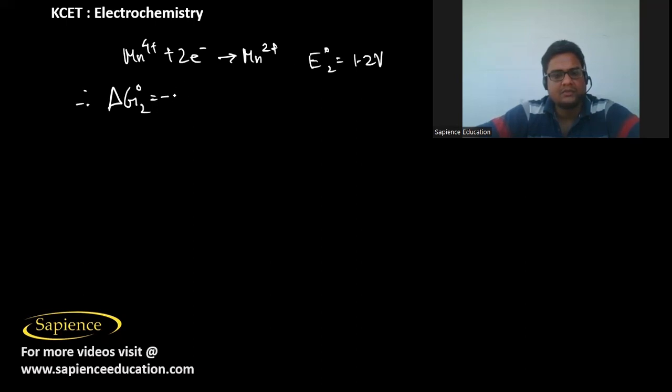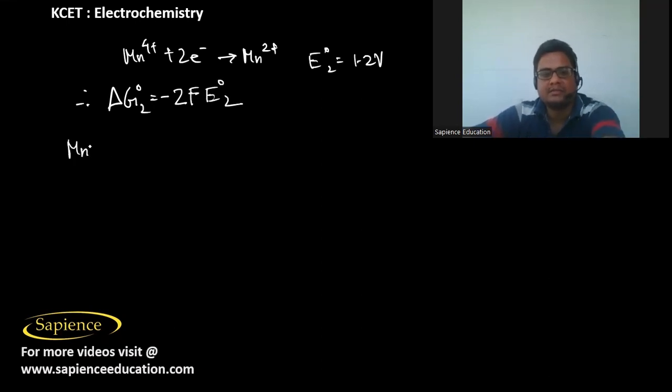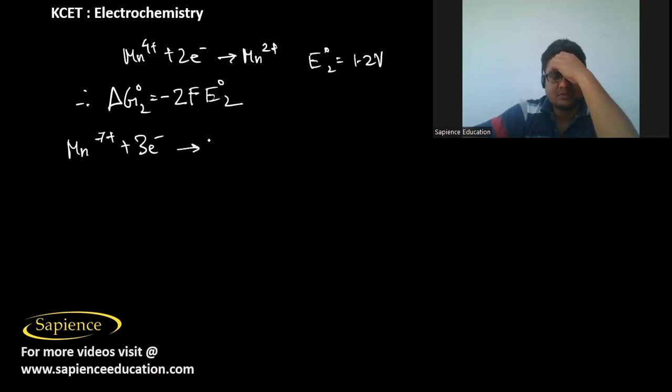So here N is 2, since 2 electrons are being gained by Mn4 plus. So it is minus 2F into E naught 2. Similarly, Mn7 plus should gain 3 electrons to form Mn4 plus.